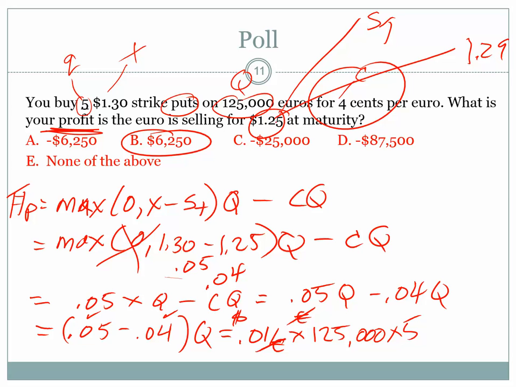Now I'm only going to make a penny in this problem, and since I made a penny by exercising but lost 4 on the premium, I'm actually going to lose 3 cents in profit, but I would have lost 4 cents if I didn't exercise. So that's an important thing to remember, that you forget about the sunk cost of this option when figuring out exercise. Or you just do it mathematically and it'll work out for you.